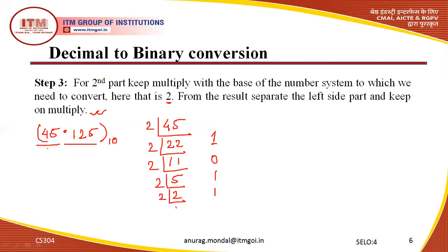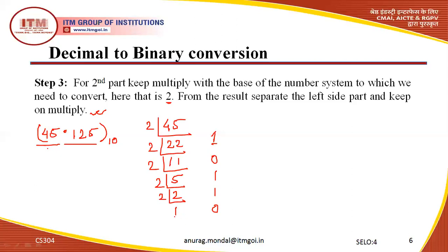Again divide, 1, 0. So we need to keep on dividing until the last number is less than the base of the number system with which we divide. So here 1 comes, that is less than 2. We just stop the division.